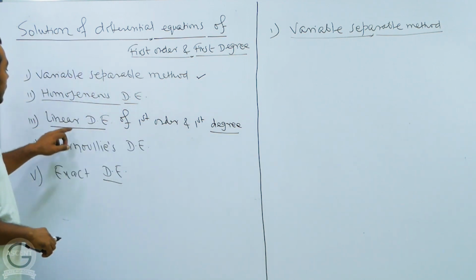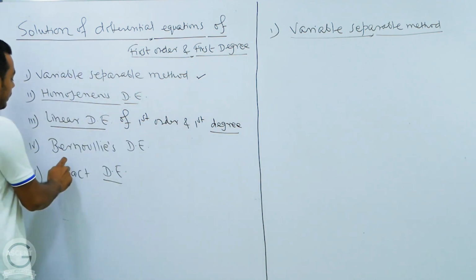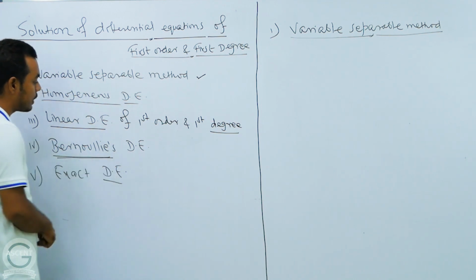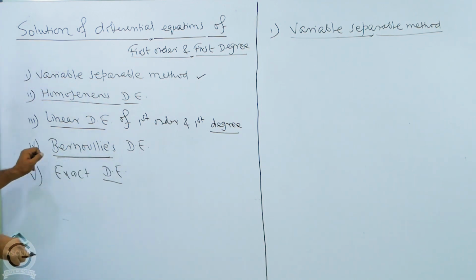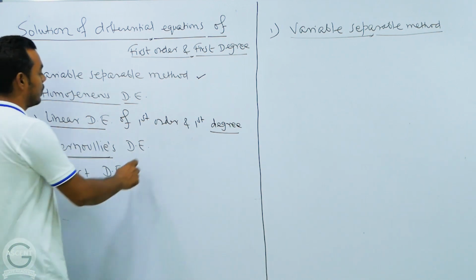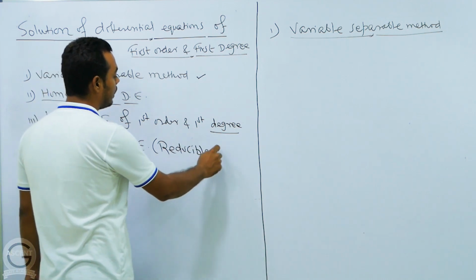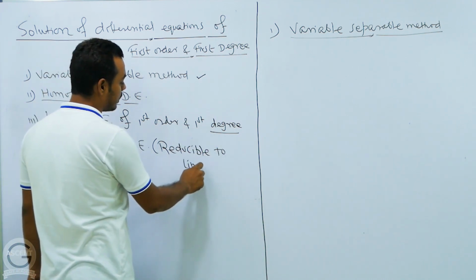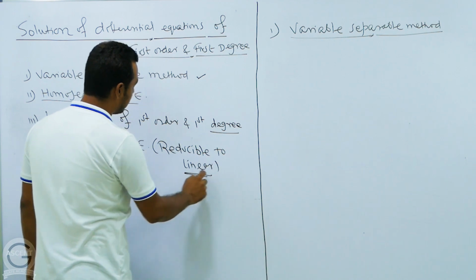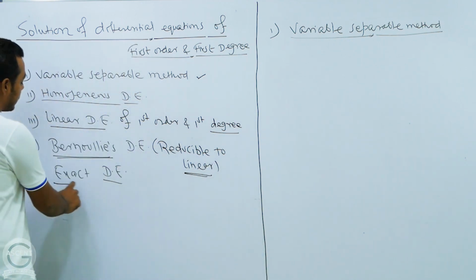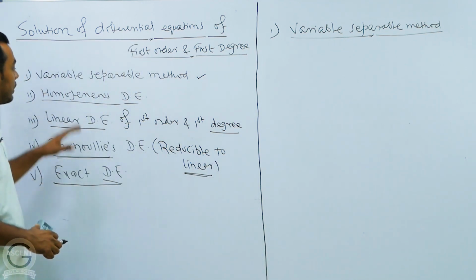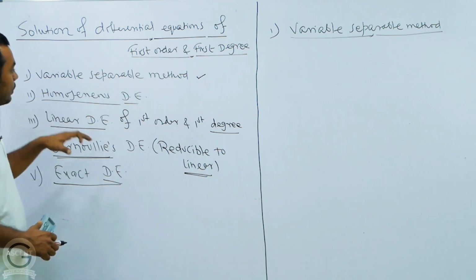Then we will talk about the Bernoulli differential equation. Now this Bernoulli differential equation is not a linear differential equation, but by some substitution we can reduce it to a linear differential equation. And the last one is the exact differential equation. So we'll talk about each one of these one by one.